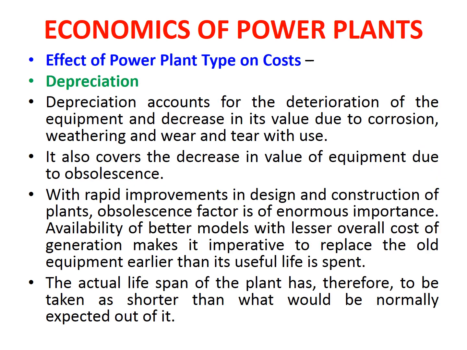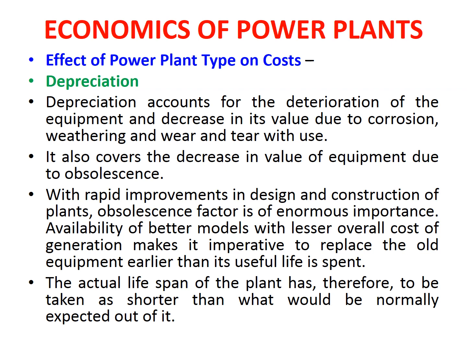Then depreciation. Depreciation accounts for the deterioration of the equipment and decrease in its value due to corrosion, weathering, and wear and tear with use. Depreciation is actually related to the use of the equipment. Whenever new equipment is purchased, it is associated with a depreciation cost, which depends on the amount of corrosion or wear and tear in its use.